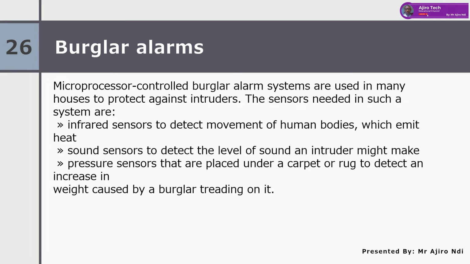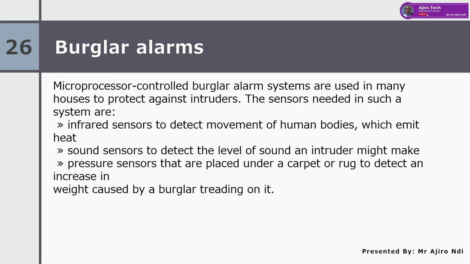Two, sound sensors to detect the level of sound an intruder might make. Finally, the pressure sensors that are placed under a carpet or a rug to detect an increase in weight caused by a burglar treading on it.